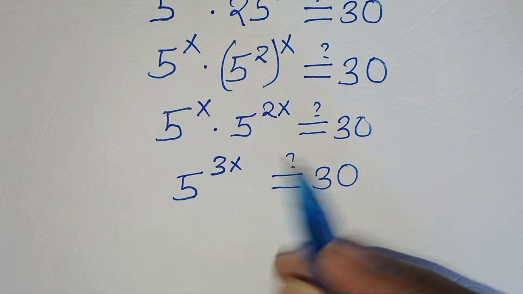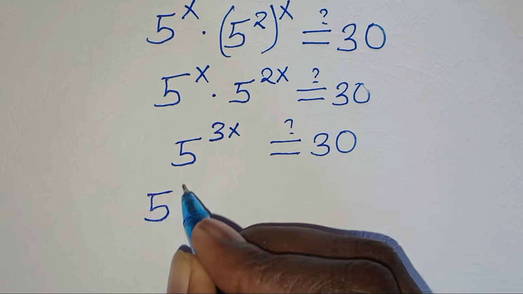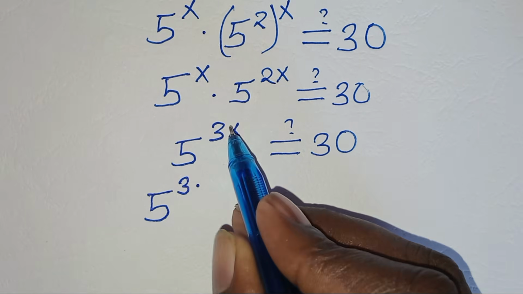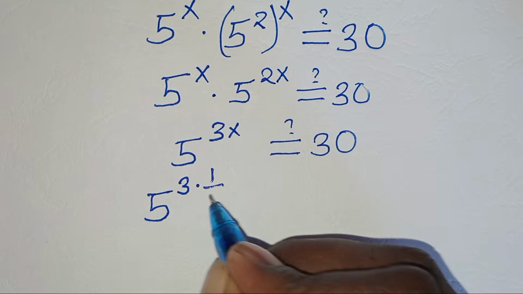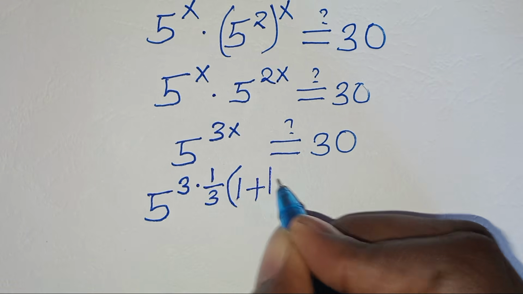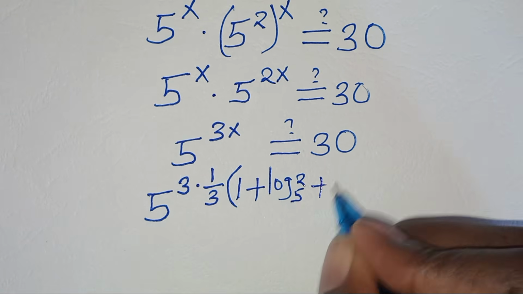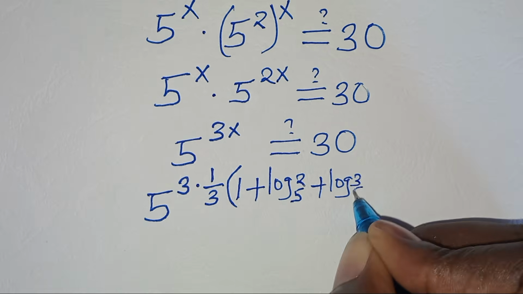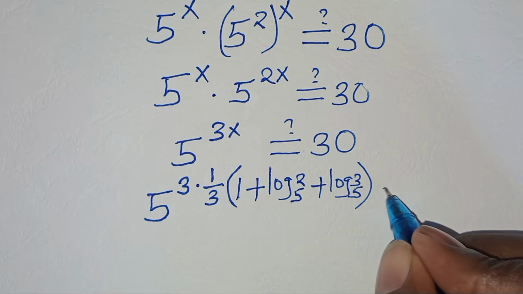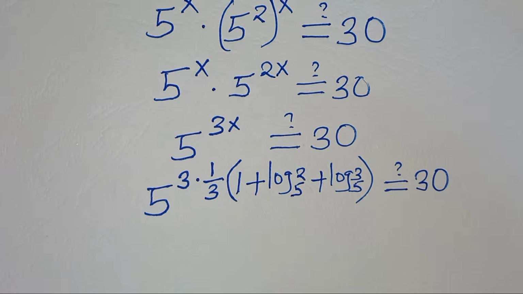So let's substitute the value of x, so that we have 5 raised to the power of 3 multiplied by x, which is 1 over 3, into the parentheses 1 plus log 2 to base 5, plus log 3 to base 5, close the parentheses. This should give us a value of 30.